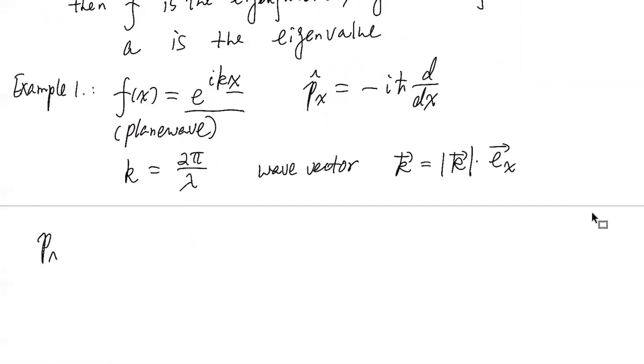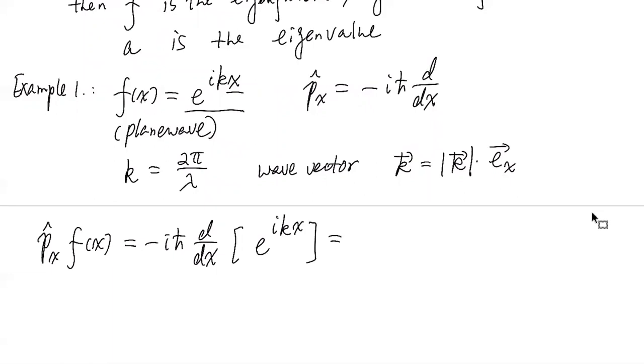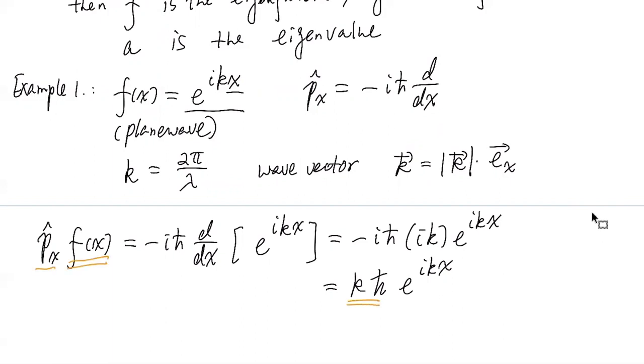So you apply the px operator on the function f(x). You get negative iħ d/dx times exponential ikx. And this is equal to negative iħ times ik e^(ikx). And this is equal to, i times i is -1, so this is equal to kħ e^(ikx), right? So operator times a function, you get a constant times the function again, right?